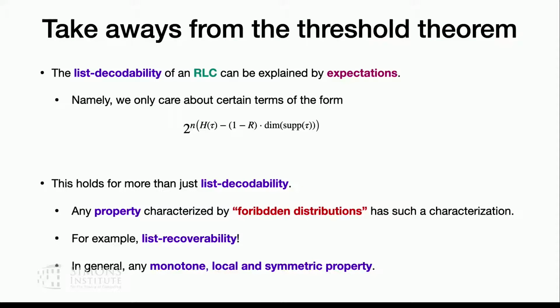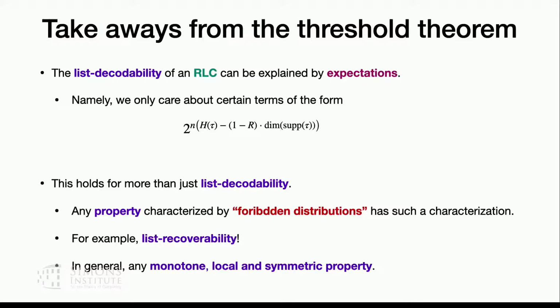And for any such property, the same sort of method would work. You can take this property and consider that your witnesses are now characterized by their distributions. So you have a set of witness distributions, and then you can do the same thing we did here, just for a different set of witness distributions.